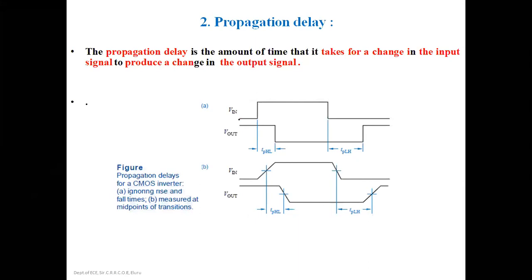In the diagram, at the input the low state changes to the high state at this point, but at the output it does not change instantaneously to the low state, because in the CMOS inverter, for one input you will have the zero output. But here the output is not changing instantaneously.